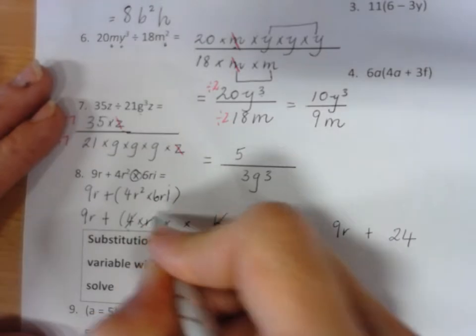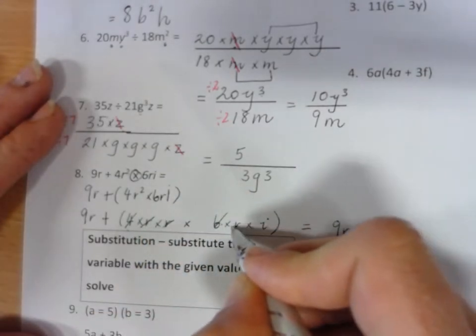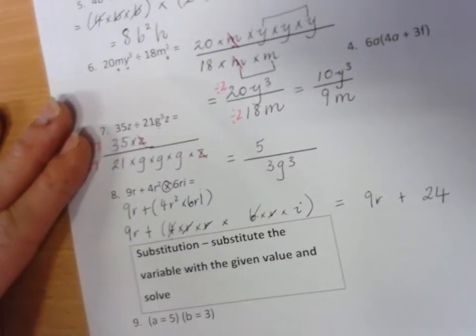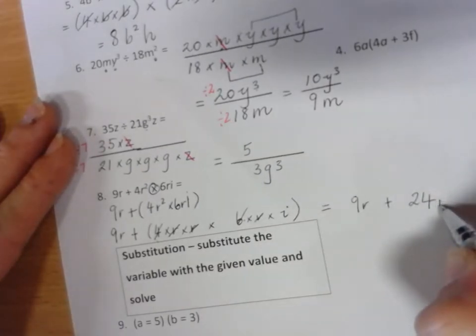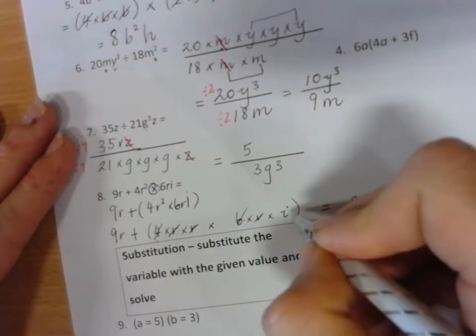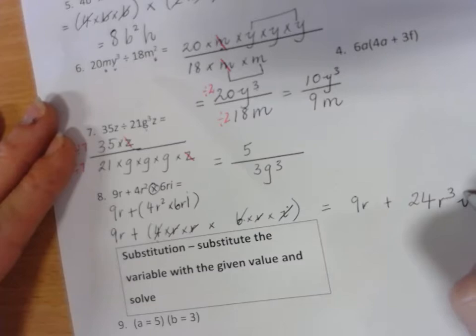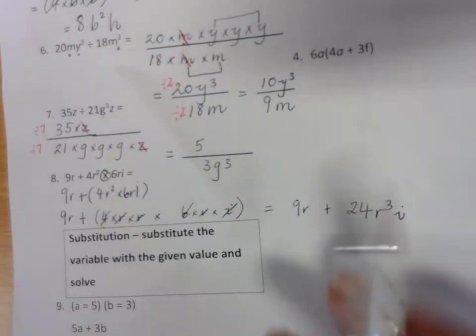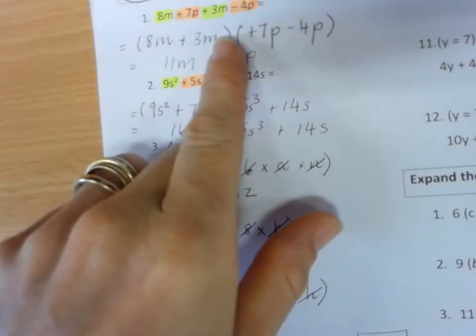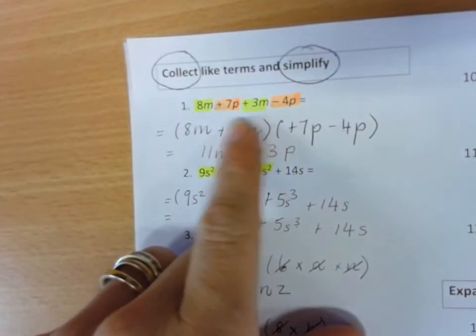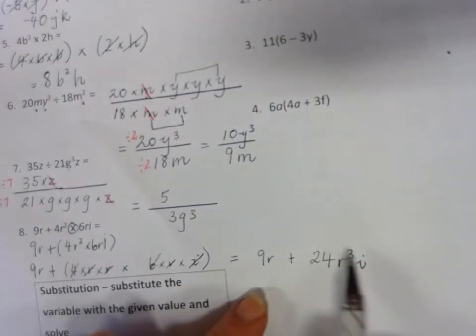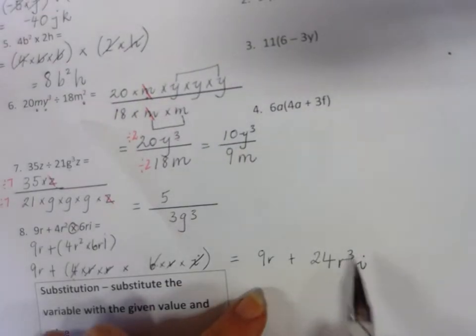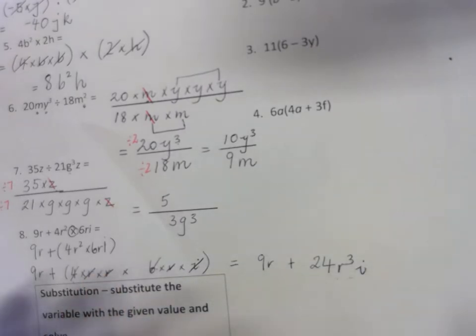We've got 1, 2, 3 r's, so it's going to be r to the power of 3, and we have 1i. That's all we can do with that question, because if you go back to our questions like this, when we have plussing or adding to collect like terms, 9r is nowhere near r cubed and an i, so we cannot collect those any further.